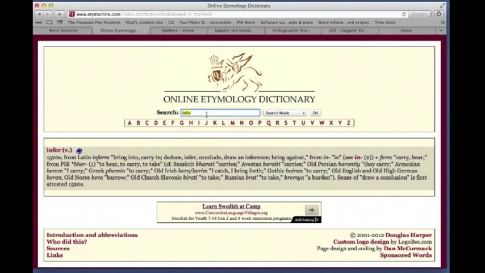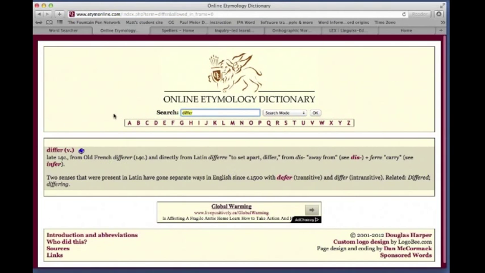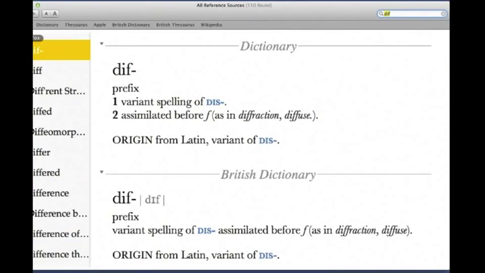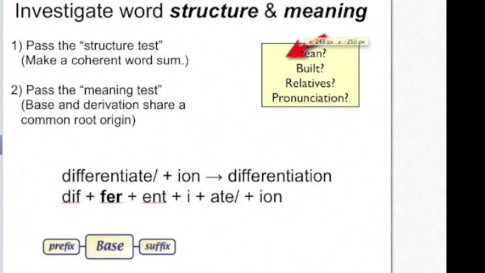And if I write the word different here, we'll see that it goes back to the same root, to set apart, differe, see, differ. So again, we keep getting evidence that not only are these words connected in structure with the word sum, but with meaning. That's a super important thing to be able to go back and forth between.